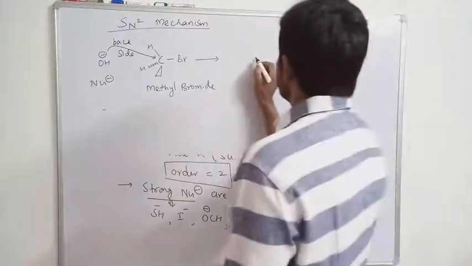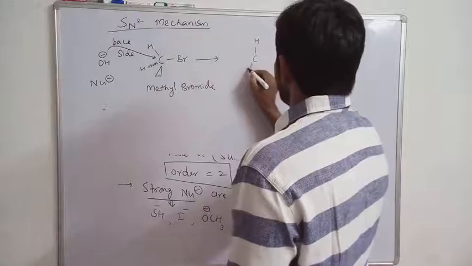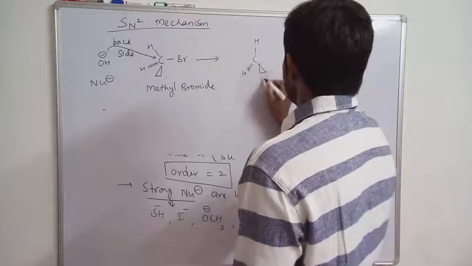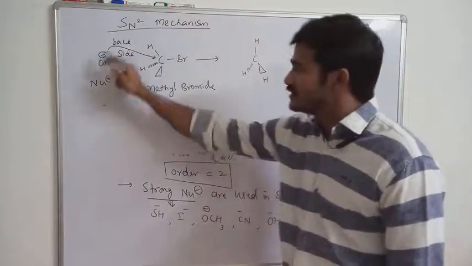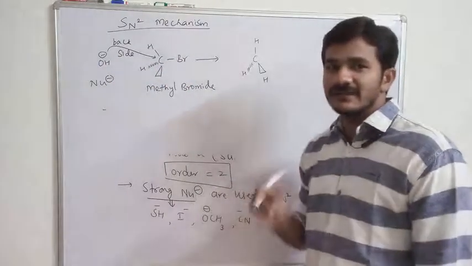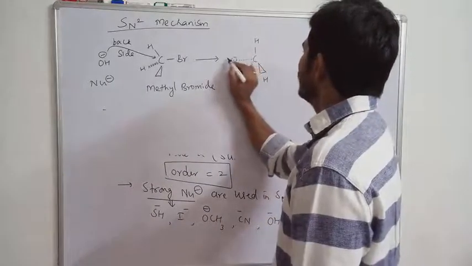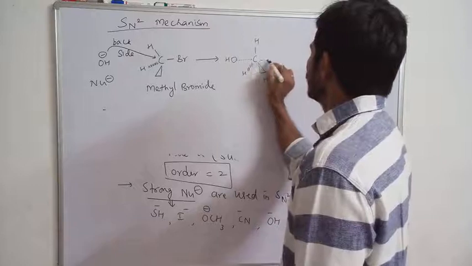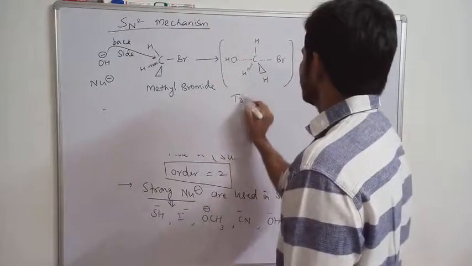One transition state can be formed here: carbon, hydrogen, H. Here the carbon already has 4 bonds. When this OH minus attacks here, the carbon will get 5 bonds. But this is an unstable molecule, OH and here Br. This is one transition state.